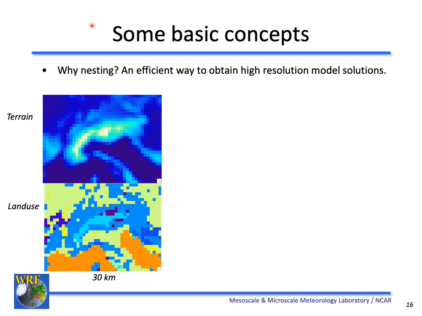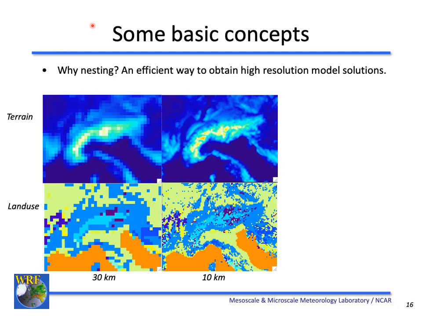The top plot here shows the topography represented by the model at 30 kilometer resolution, and the bottom is the land use. As you may recognize, this domain covers the Europe and the Alps.